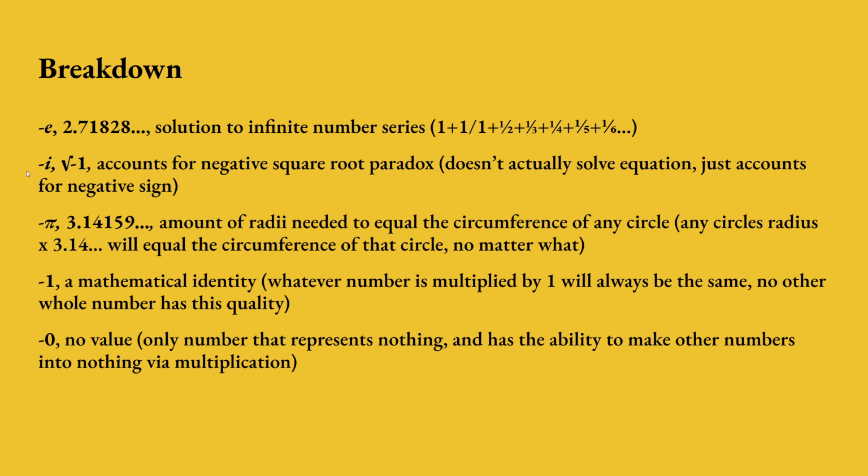So the breakdown is, the first is e at the start of the equation, which, similarly to pi, is a string of infinite numbers, a decimal, but is compacted into this little symbol, or sometimes just to quickly read it out as 2.71828.